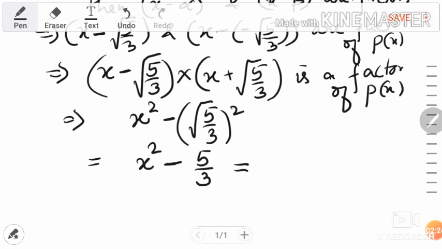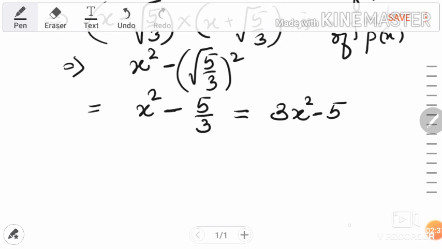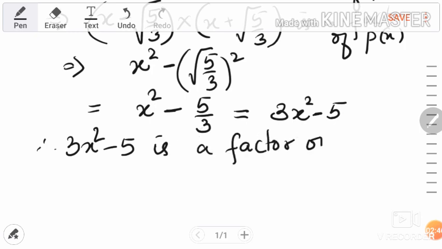On multiplying this polynomial by 3, we get 3 times x square minus 5. So 3x square minus 5 is a factor of p of x. Since it is a factor of p of x, when we divide p of x by 3x square minus 5, the remainder should be 0, and that is how we will get the other factor. So let's use the long division process.